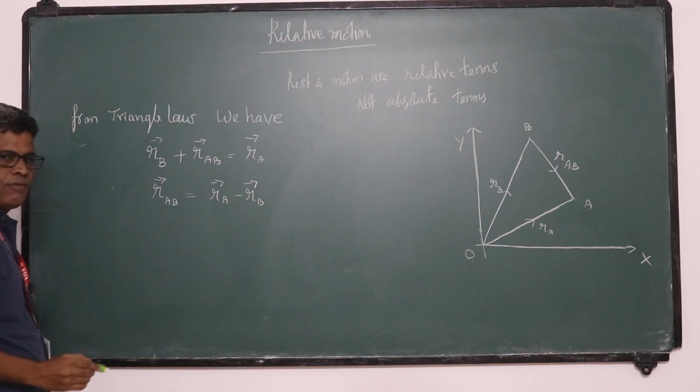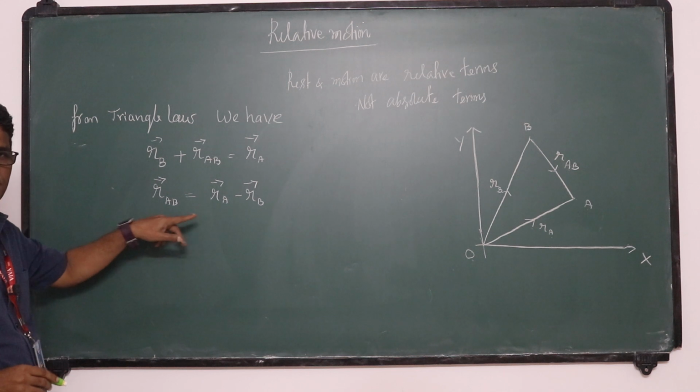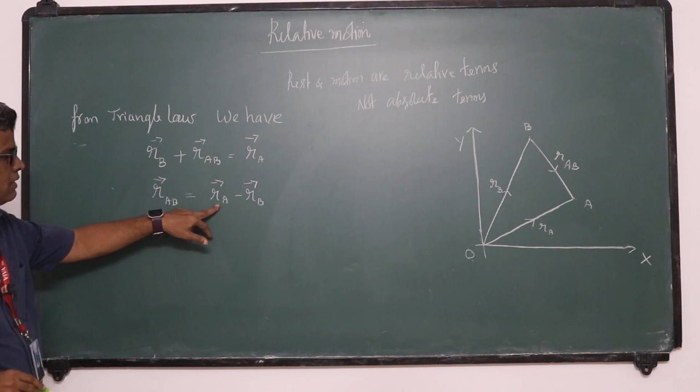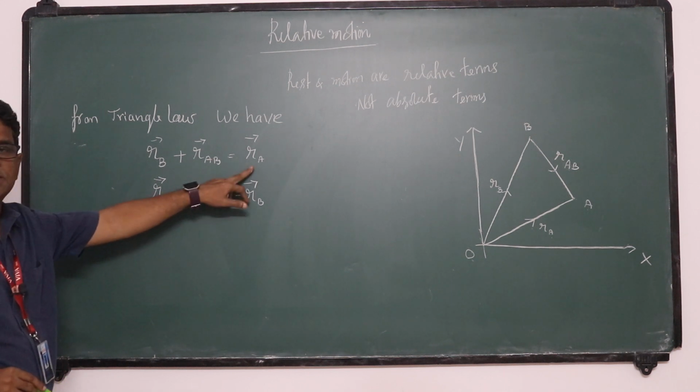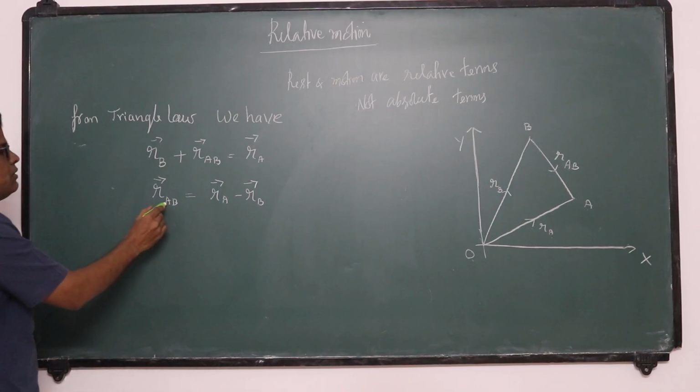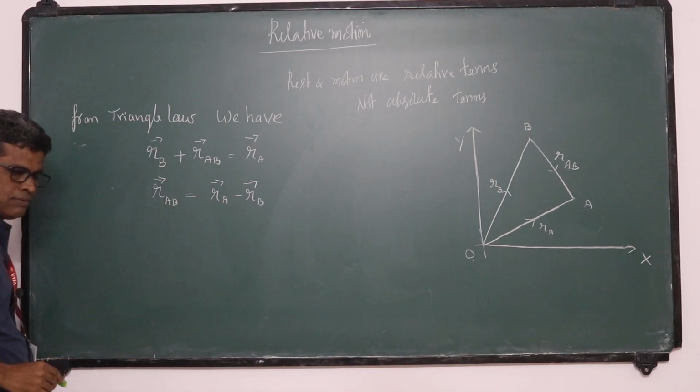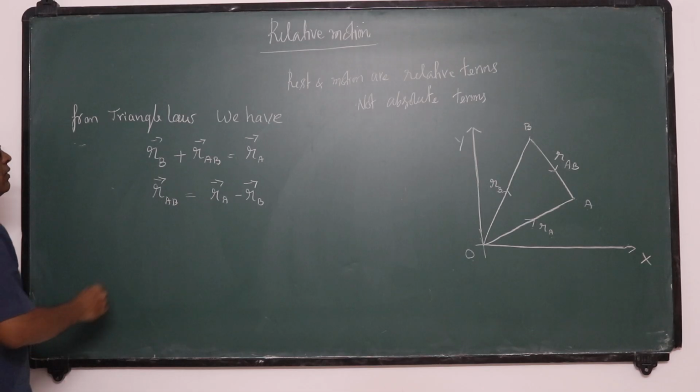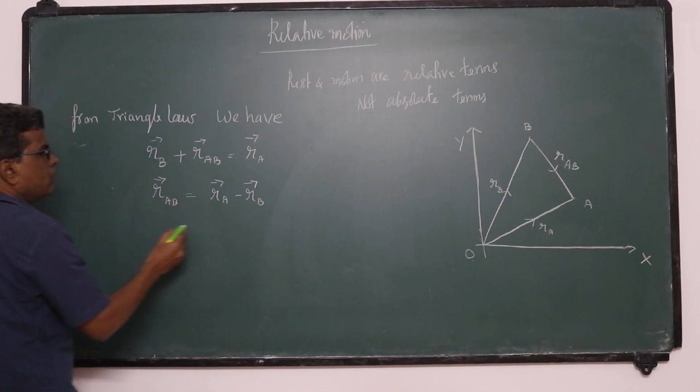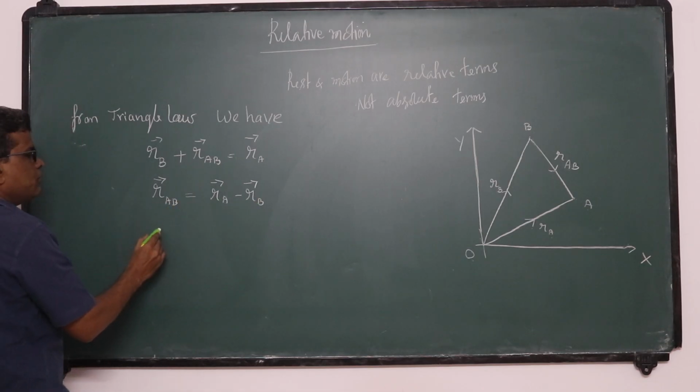So position of A with respect to B, we can write it by subtracting RA bar minus RB bar. You will get position of A with respect to B. Suppose you want the position of A, RA.